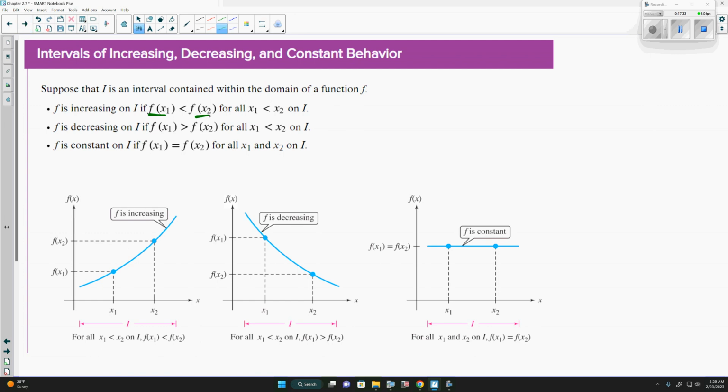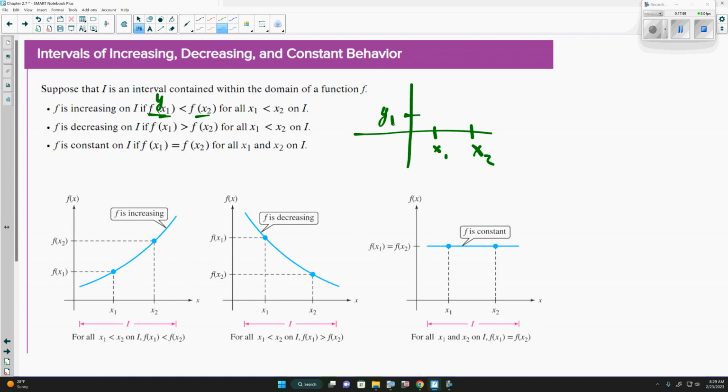What is f of x1 and f of x2 really saying? They're just different y values, yes? So that's saying if I picked a y value for one of my x values on a graph, I picked this x1 and this x2, my first one and my second one. And with any point, I have a corresponding y value, yes?